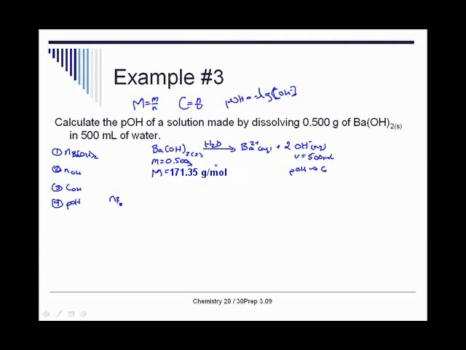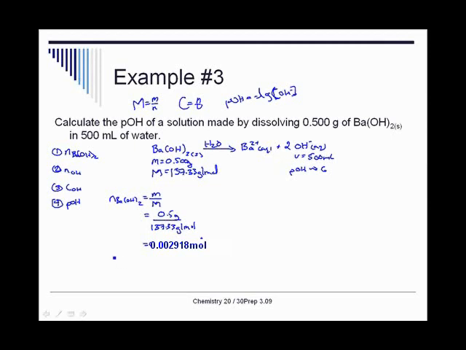Okay, so the number of moles of barium hydroxide is going to be mass over molar mass, 0.5 grams divided by 137.33 grams per mole, and we get 0.00364 moles.